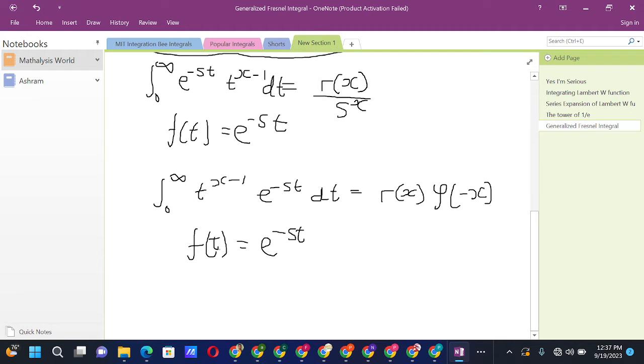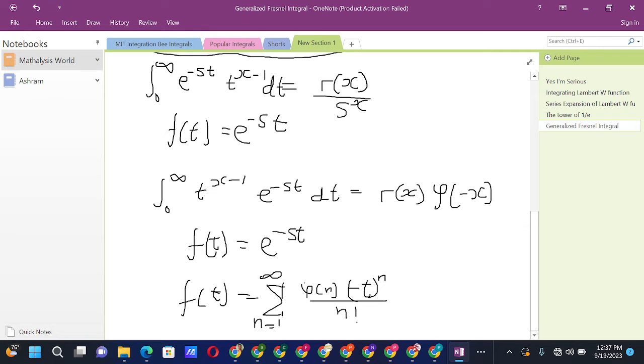We should first express f of t in terms of the summation that we have: the sum from n equals 0 to infinity, where we need phi of n times minus t to the power n by n factorial.